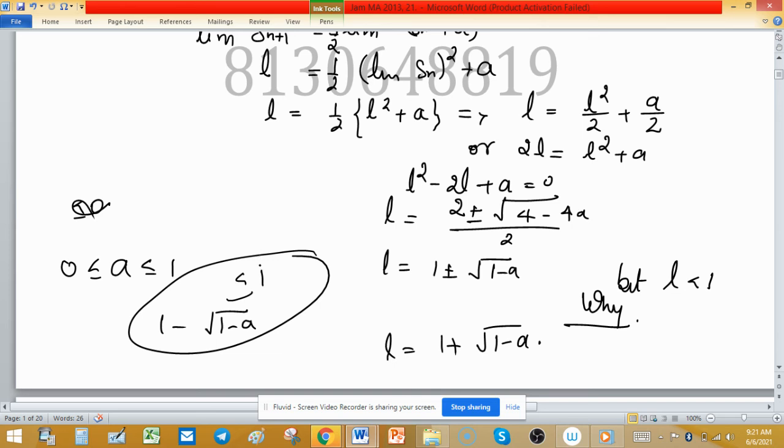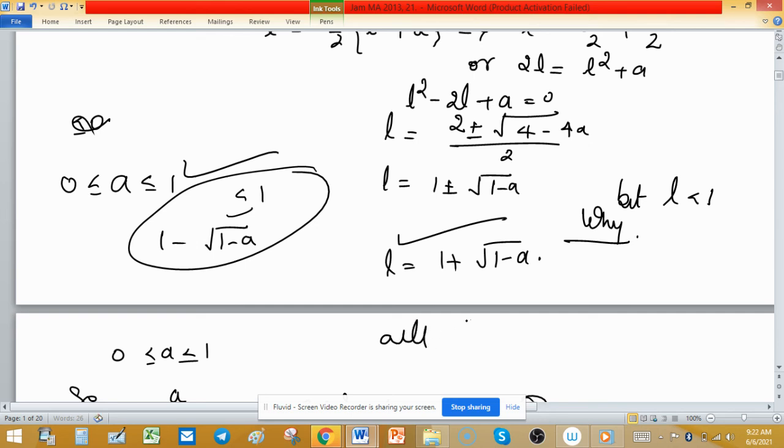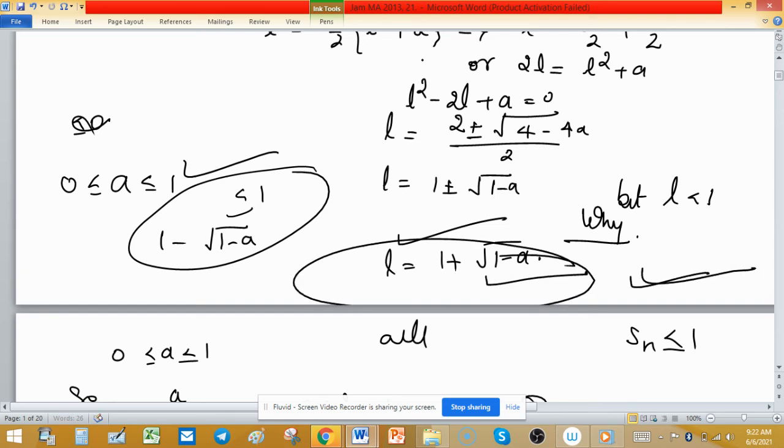So how to say that this limit is this or this? All terms of the sequence are bounded between 0 and 1, so the limit cannot exceed that, meaning the limit will also lie between. So 1 plus square root of 1 minus a is a positive value greater than 1, so it cannot be the limit.